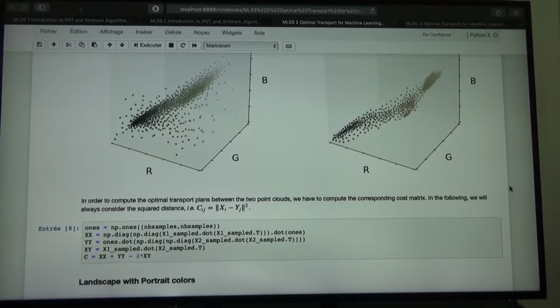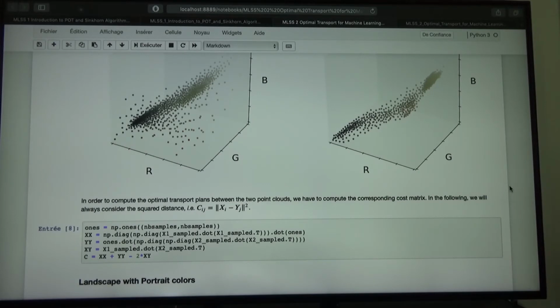So here I chose to take the squared norm, but if you take the norm or something else, it may give different results in the end. Here you see that we're dealing with colors.